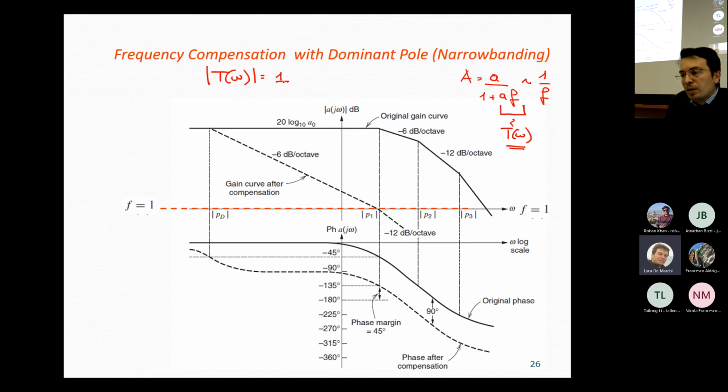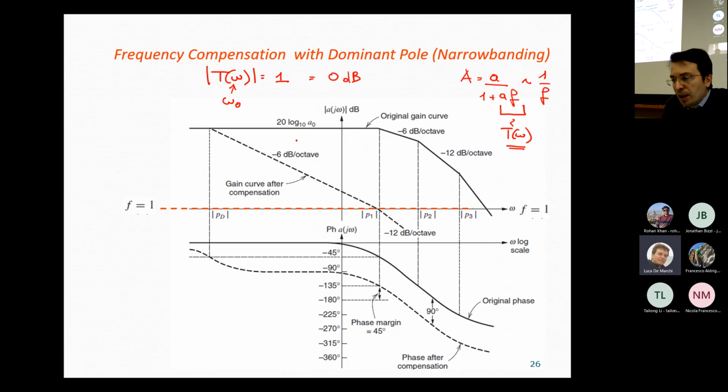If T of omega is equal to 1, this means that in dB, this is equal to 0 dB, as you may remember. The angular frequency corresponding to this condition will be referred to as omega null, or omega 0 dB.